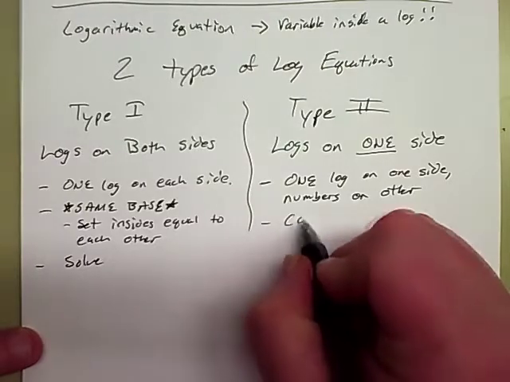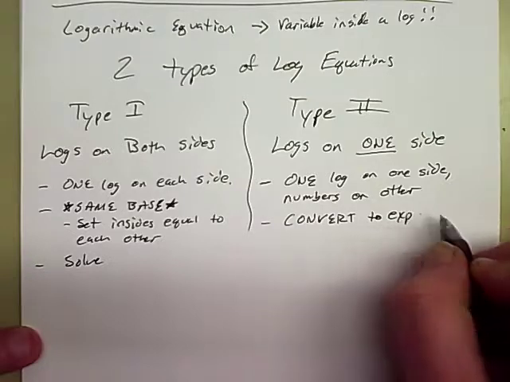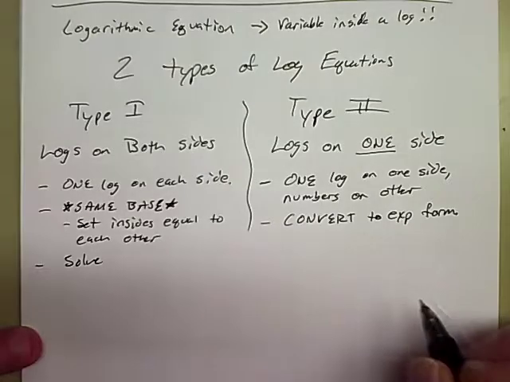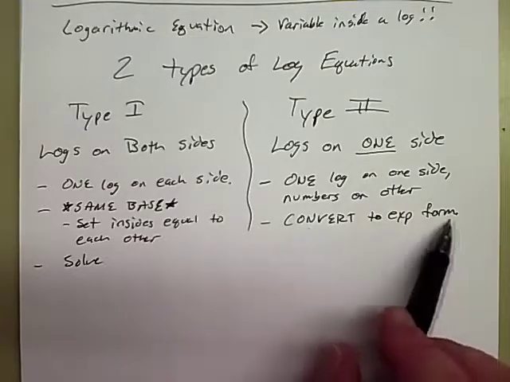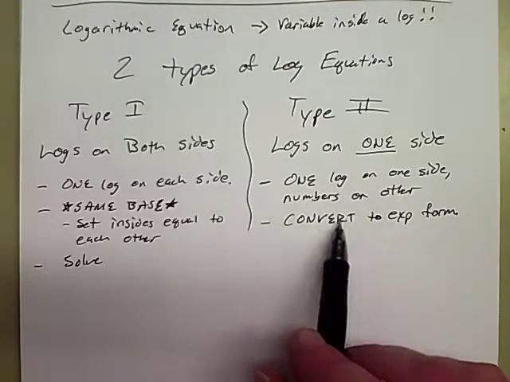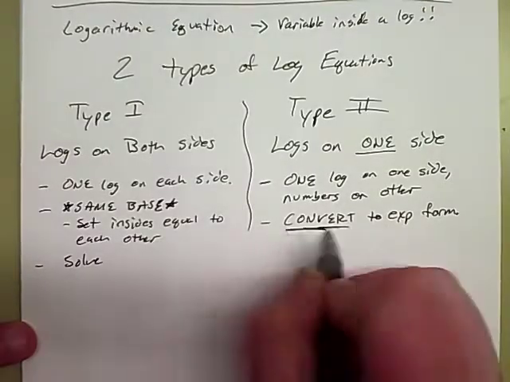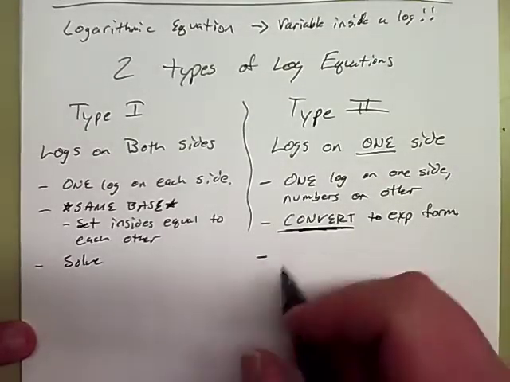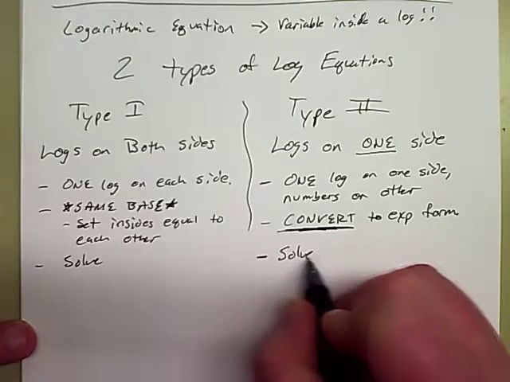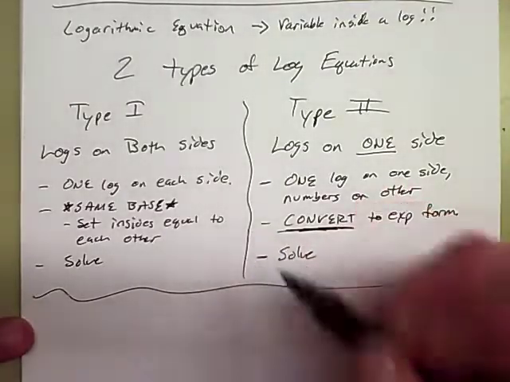Step 2, we're going to convert to exponential form. Remember, that's the definition of logarithms. Go back to 4.1. How do we go from logarithmic to exponential, exponential to logarithmic? So we need to convert here. This is 4.1 stuff that we talked about. And then finally, the last thing is we're just going to solve the remaining equation. Okay? So each of them have just 3 steps. No big deal.